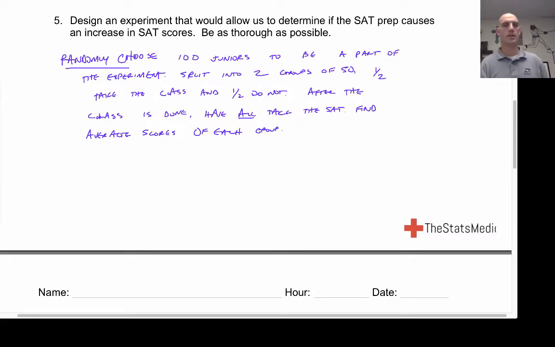A couple of things come out here. You've got to have control over how many people. You have 100 of them, and some are taking it, some are not. These 100 juniors are what we call the experimental units.